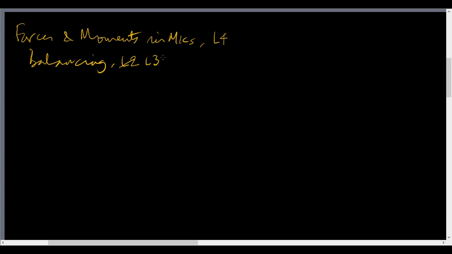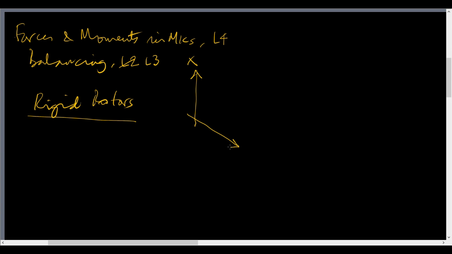We have looked at balancing of rigid rotors so far, and there is one last part that we have to tie up in that. So here we have the x-axis, here we have the y-axis, here we have the z-axis, here in blue we have the rotor, it has a center of mass.